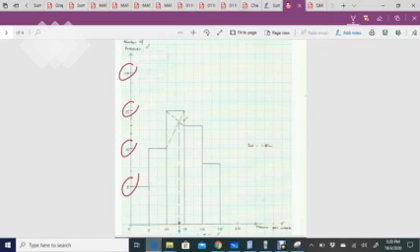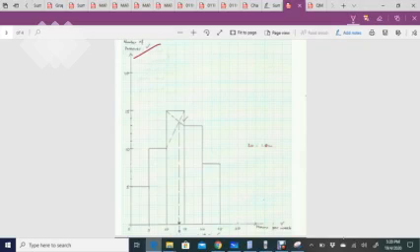Do remember, highlight your y and your x-axis. For this case, your x-axis is hours per week, and your y-axis is number of patients.